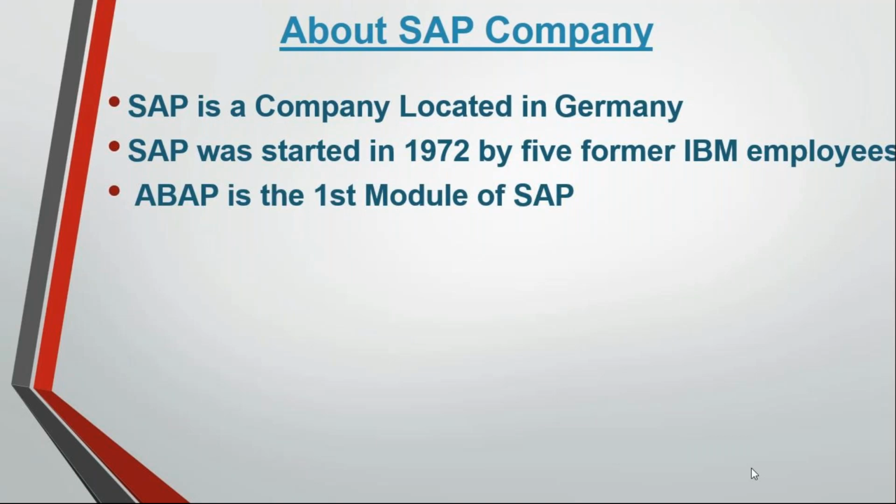Basis module is also developed from ABAP. In basis, we have 40 to 45 transaction codes, and all the transaction codes were also developed by the ABAP team only. So this is the first module of SAP.